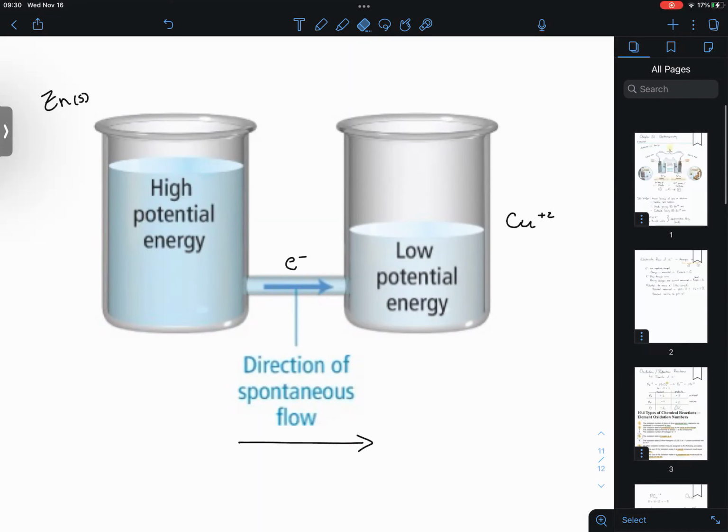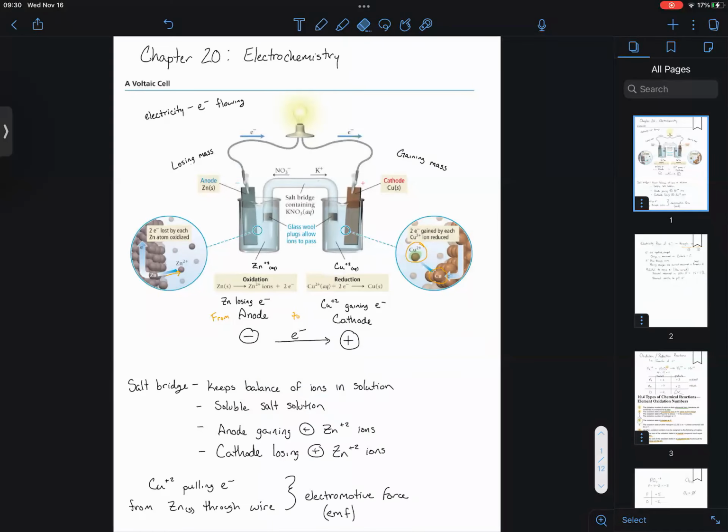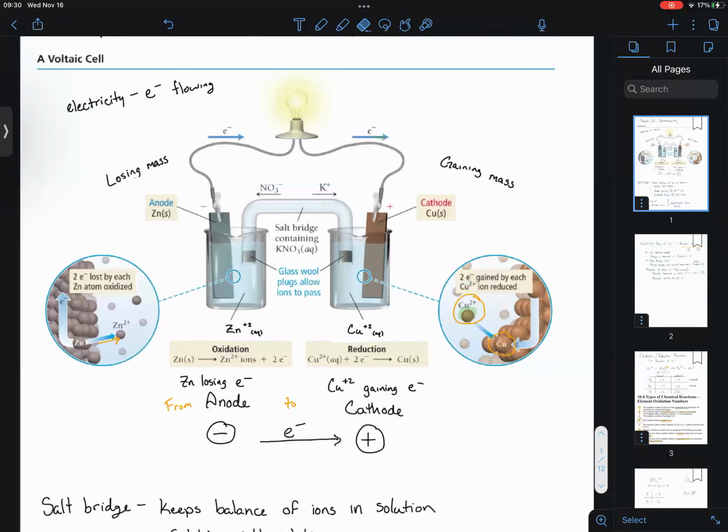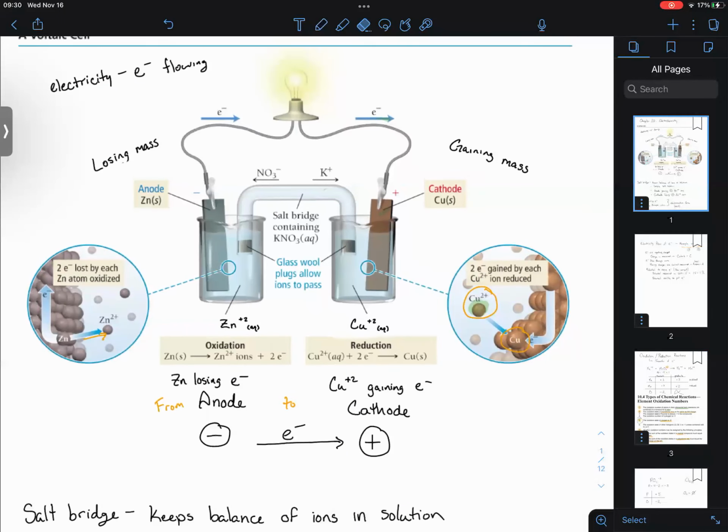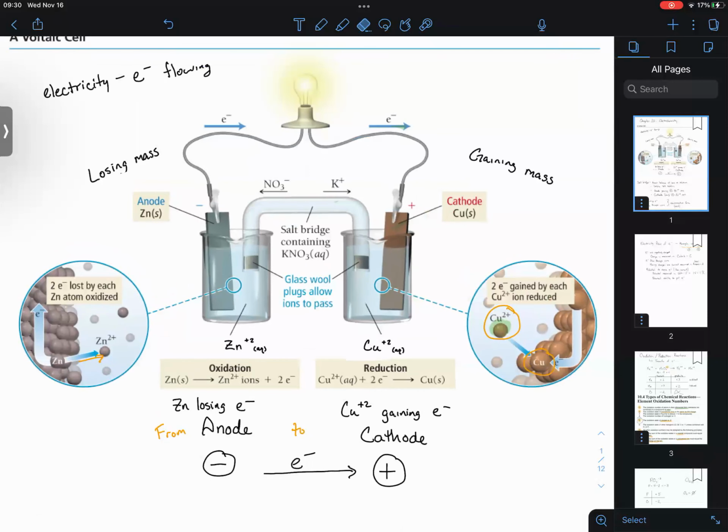Cool. So all well and good in terms of analyzing this diagram right here, trying to better understand what's going on. And obviously, when you take out a AA battery, it does not look anything like two beakers that are connected with a wire and have a salt bridge in between.